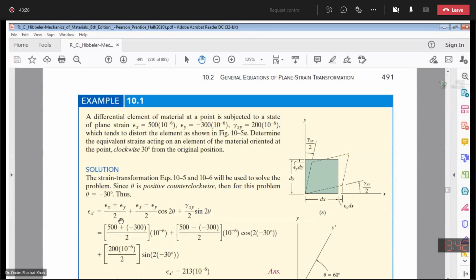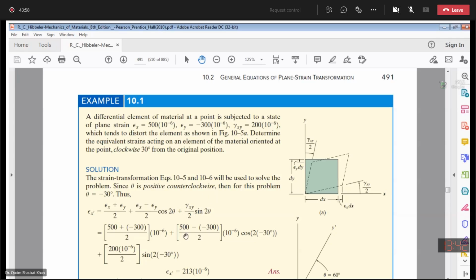So when you calculate epsilon x dash, it should be equal to epsilon x plus epsilon y over 2, find the value of this part, plus epsilon x minus epsilon y over 2 cos 2 theta, find the value of this part, plus gamma xy over 2 sin 2 theta, find the value of this part.